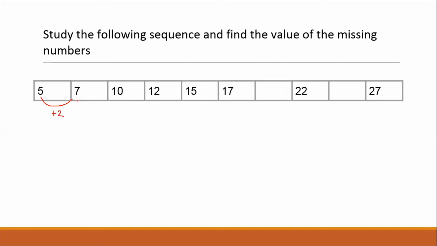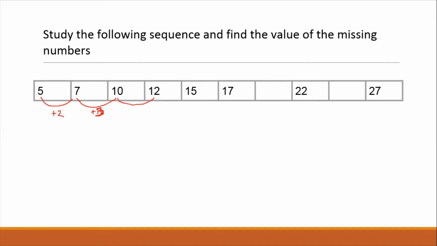The next one, from 7, it became 10. It increased also by how many? It increased by 3. 7 plus 3, it became 10.